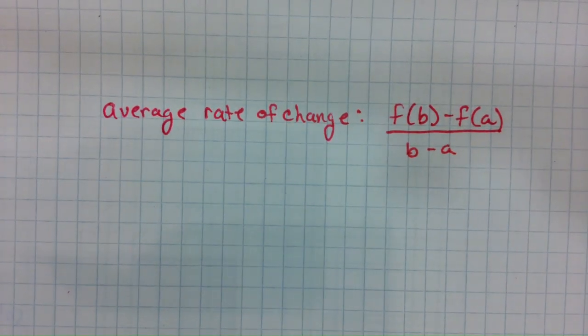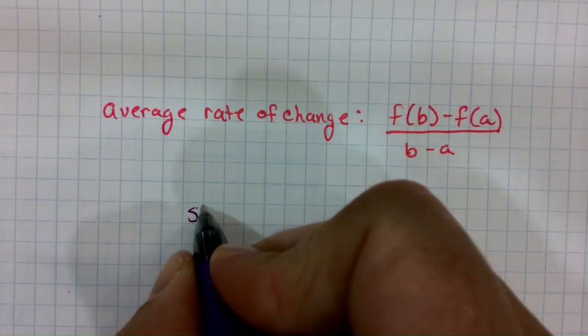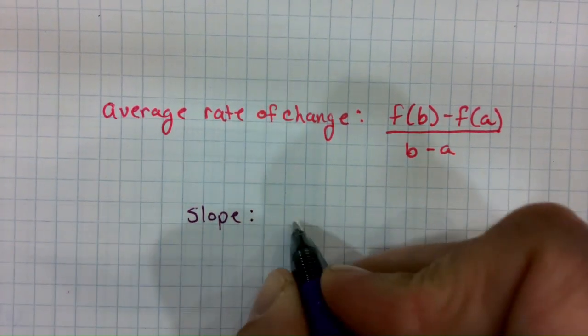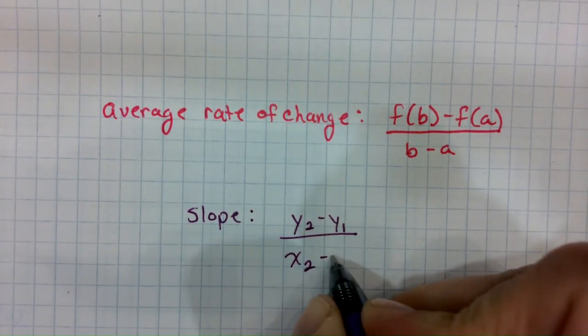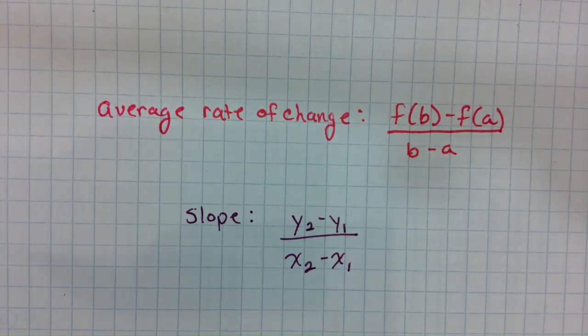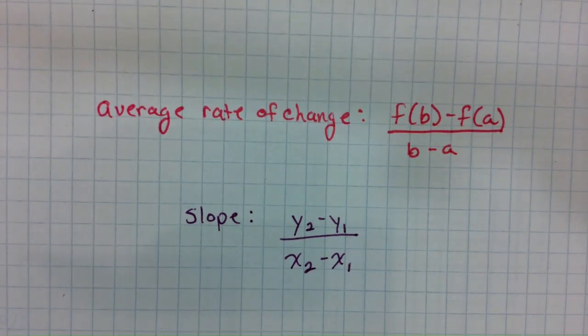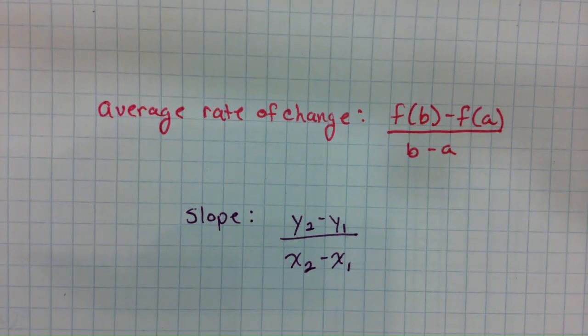This is just another way of saying slope. y2 minus y1 over x2 minus x1. So don't let the notation fool you or worry you. It's just really talking about your slope, uphill, downhill, positive, negative kind of thing. So average rate of change is just really slope. You're good to go if you understand that connection.